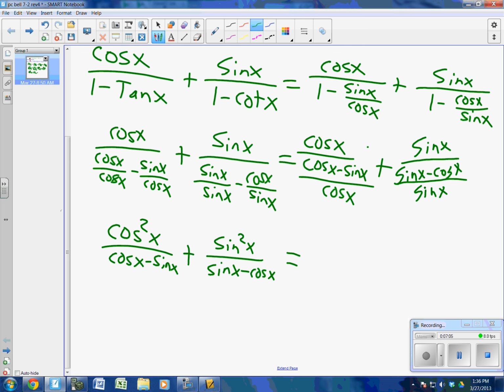So I'm going to have cosine squared of x over cosine of x minus sine of x, minus, because I'm factoring out a minus sign, sine squared of x over sine of x minus cosine of x.